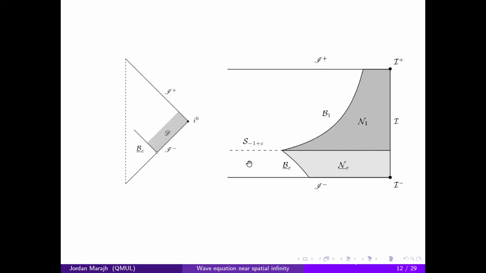So you can drop it as low as you like, but fix some epsilon greater than 0 so that you don't actually touch past null infinity. And then you treat the problem in a slightly different way in the bottom half. But that just means you have to use a more refined version of the F-gauge, where these lines are not necessarily horizontal for future null infinity and past null infinity, just so that the existence theorems actually work. Okay, but again, this is slightly technical. What's the takeaway is that you can see how this transforms, and there's some notation that we'll get used to.